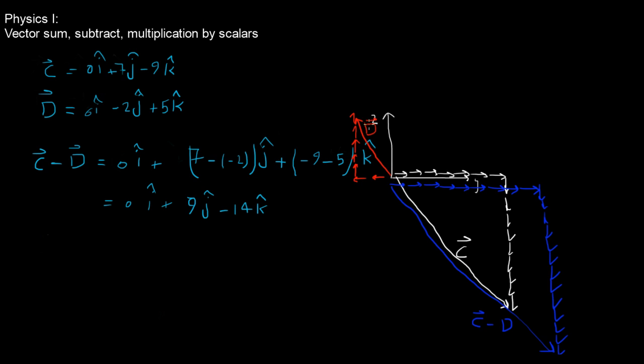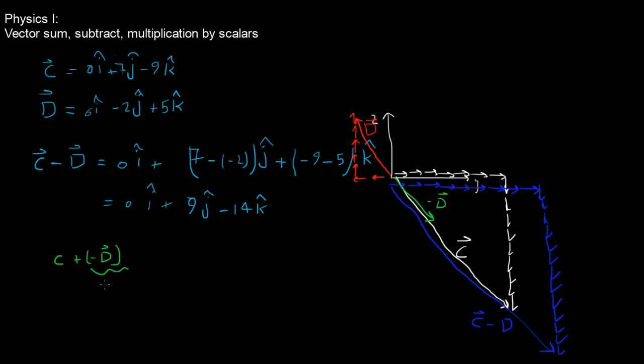In fact, negative D is simply the negative of that. So instead of going this way, it goes exactly opposite, but with the same magnitude. So this is negative D. So if now I add C plus negative D, negative D is simply another vector.